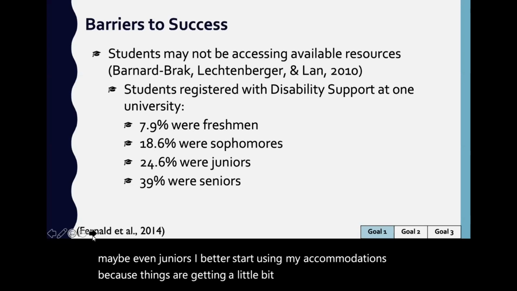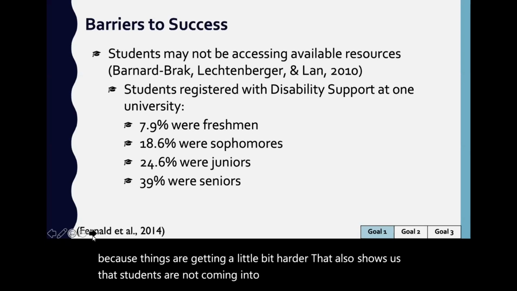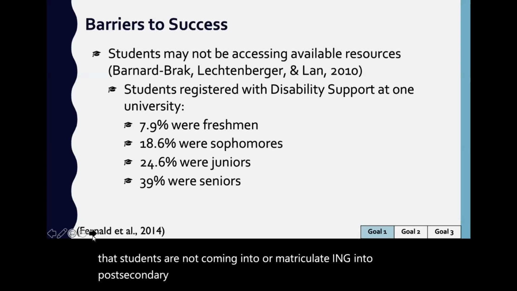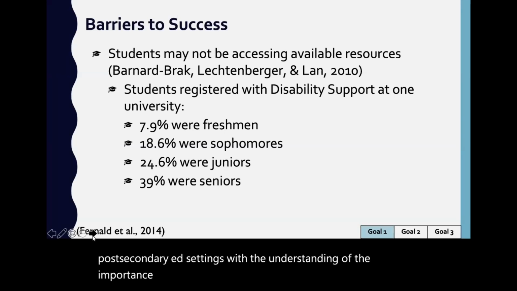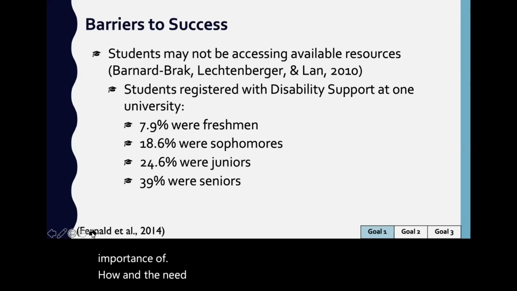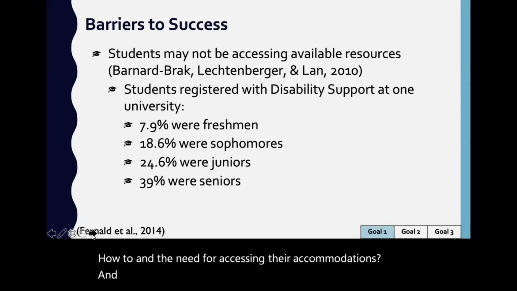That also shows us that students are not matriculating into post-secondary ed settings with the understanding of the importance of, and the need for, accessing their accommodations. And that's where in the secondary level, we can be really, really effective.